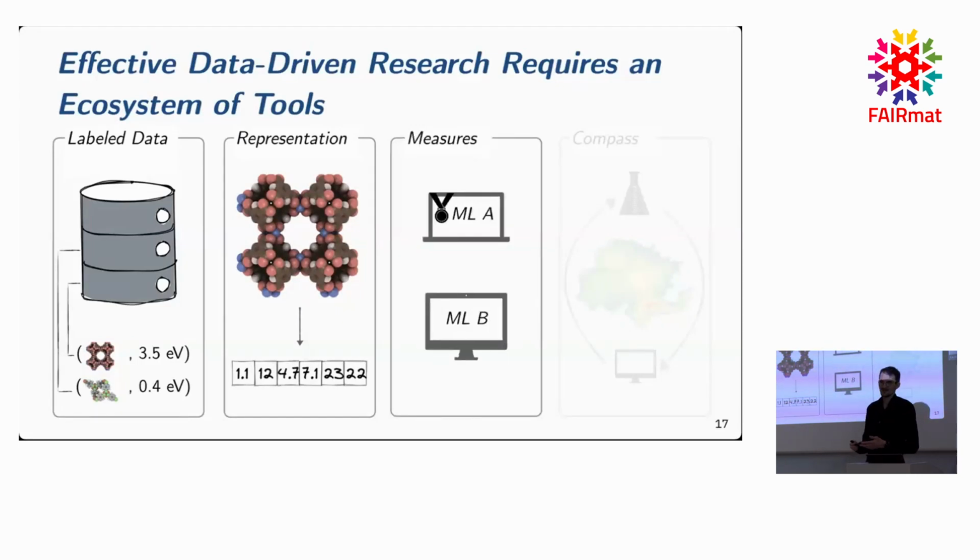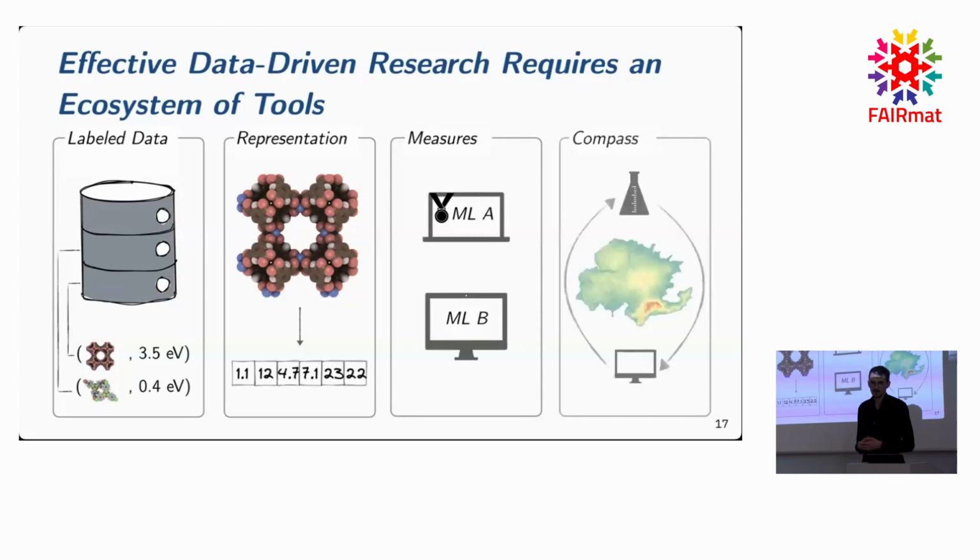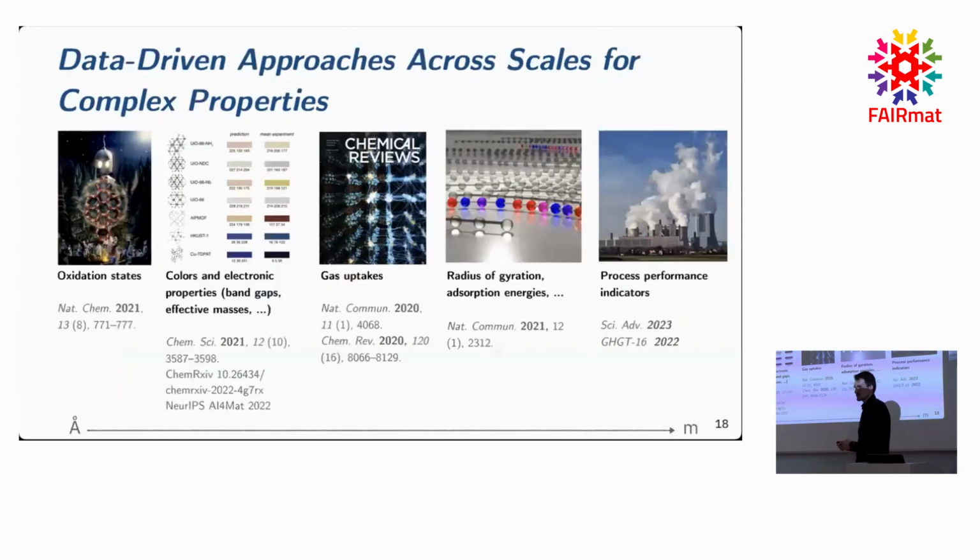It sounds easy. You can just use a mean absolute error, but this often isn't the right metric to use. And then once you have a good model, you can use it to guide you through chemical space, using this as a compass, as a guidance through this map. And over time, we have been using this across scales, from the atom scale over the mesoscale with polymers up to even the plant scale, where we look at emissions of a pilot plant.